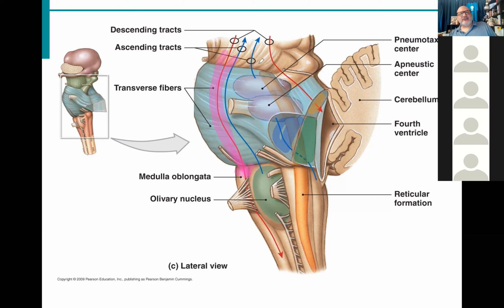And we can see a little bit of it up here. Notice up here we see the cerebral peduncles. That is going to and from the cerebrum. Well, these three bundles of axons happen to be going to and from the cerebellum.